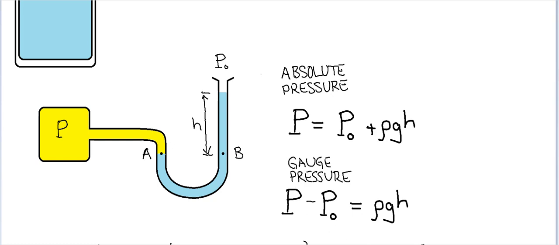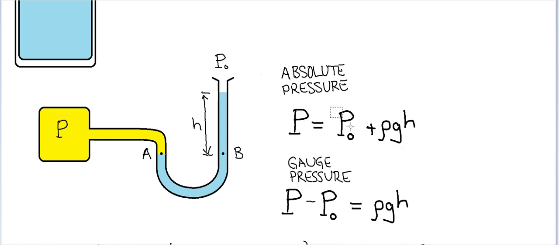Typically, if you take a pressure reading, like for a tire, what you're actually going to get is the gauge pressure. And the gauge pressure is just a measure of how much above or below atmospheric pressure this enclosed region is.